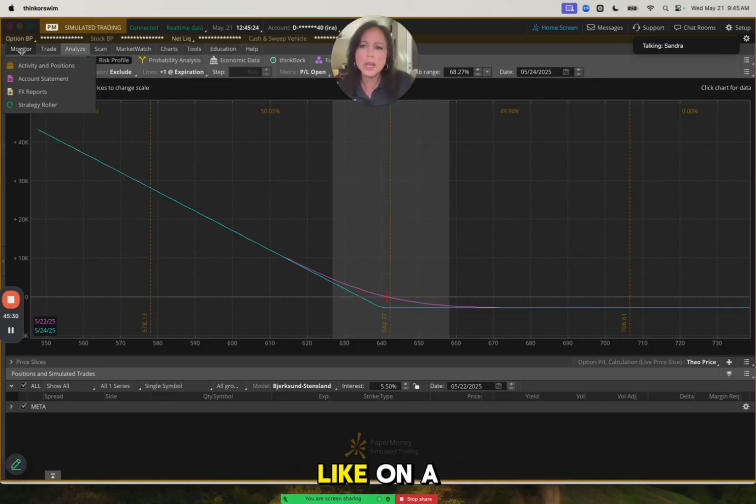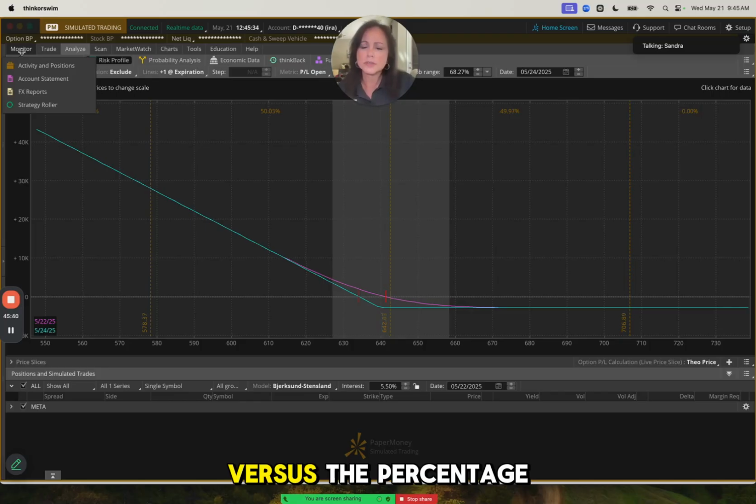And I also like on a manual trade for day trading, like the 10 cent, I kind of like that better versus the percentage. The percentage seems to be getting wiped out every single morning right at the market open. And it doesn't matter how liquid your stock is. It could be SPY and it's still getting stopped out, which is a real problem. Please complain to Charles Schwab.